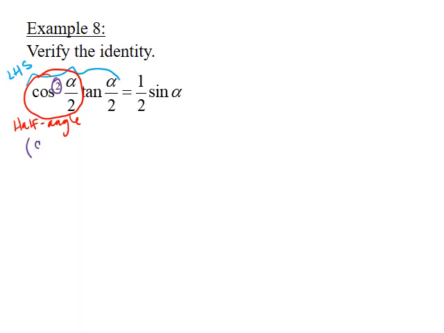Okay, and when I do, I want to be cautious and I want to remember that this is really squared. So you can think of this as cosine of alpha divided by 2 quantity squared. So cosine of alpha divided by 2, recall, is plus or minus the square root of 1 plus cosine of alpha divided by 2, and this is squared.